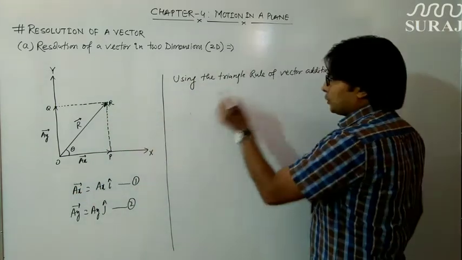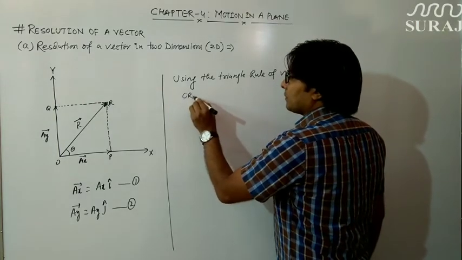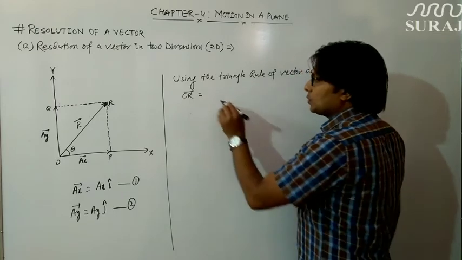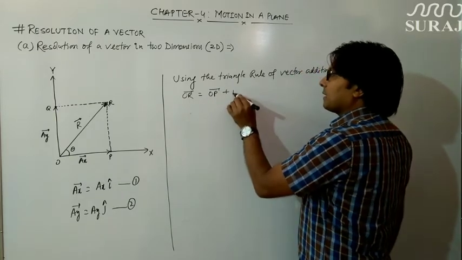So using triangle rule of vector addition, I can write down OR vector is equal to OP vector plus PR vector.